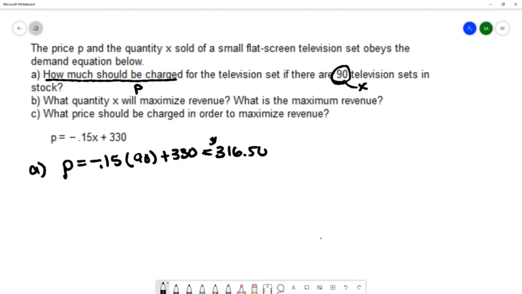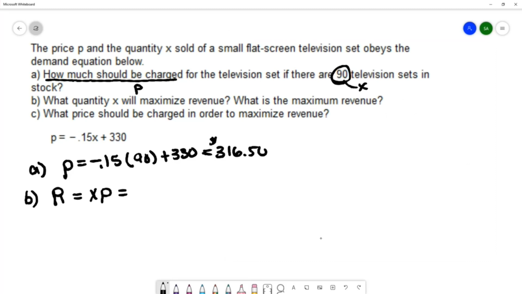Now in part B, it says what quantity will maximize the revenue and what is the maximum revenue. Now in this example, you don't see any variables labeled as revenue, so we're going to have to create this. Luckily we do have a business formula that we can use: revenue equals X times P. And the X and the P are the same X and P that were given to us earlier.